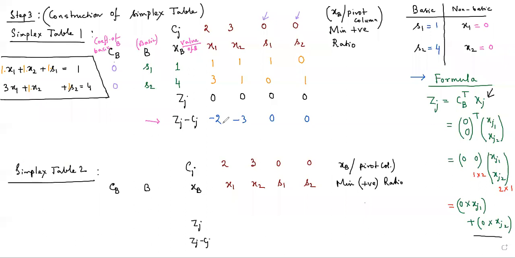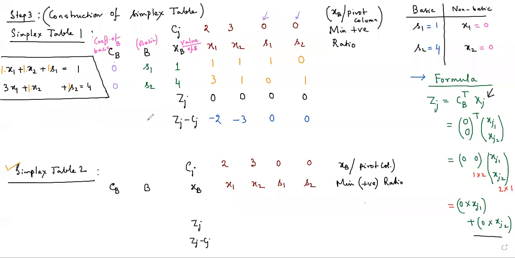Now you see, in this Zj minus Cj row, we not only have one negative number, but two negative numbers are there. So in this particular problem, simplex table 2 is required. Now, what is the objective of constructing simplex table 2? We have some problem with S1 and S2.